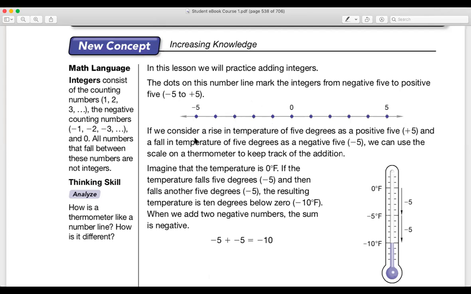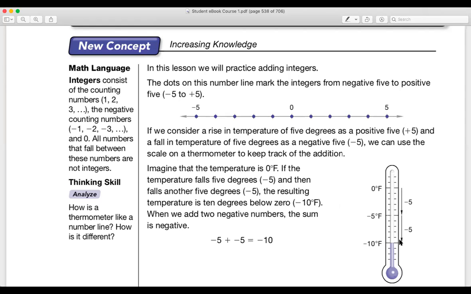If we consider a rise in temperature of 5 degrees as a +5 and a fall in temperature of 5 degrees as a -5, we can use the scale on a thermometer to keep track of the addition. Imagine that you're at 0 degrees Fahrenheit, and the temperature falls 5 degrees and then falls another 5 degrees. The resulting temperature is going to be -10 degrees, below 0.